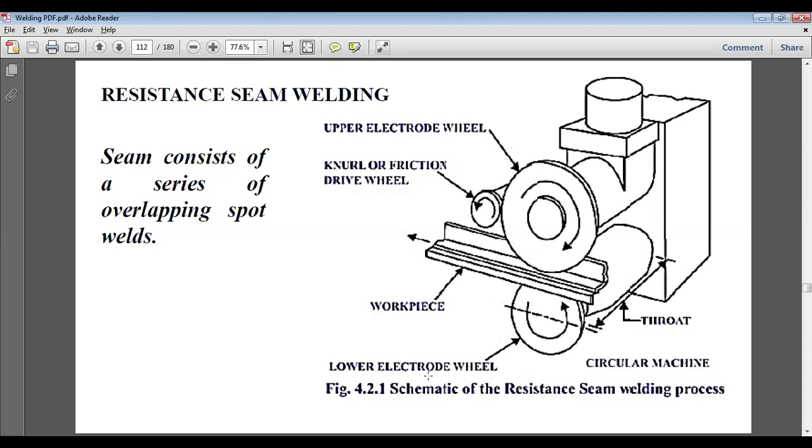This is called resistance seam welding, where we have two rollers, and between the two rollers the two metals that we have to join are moving. Current is passed through the top roller, the sheet and the bottom roller.